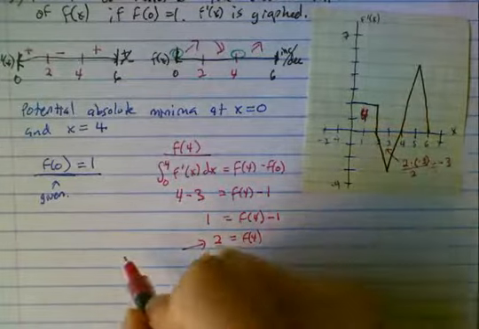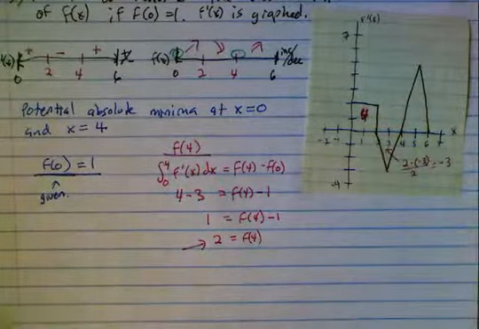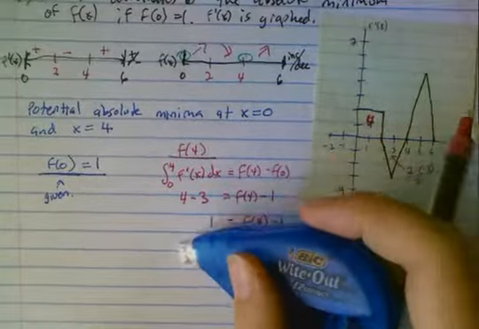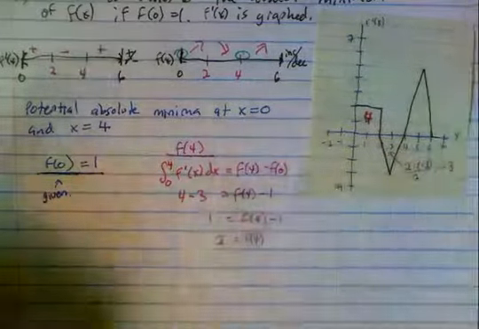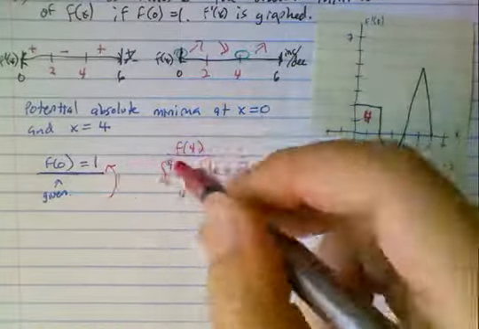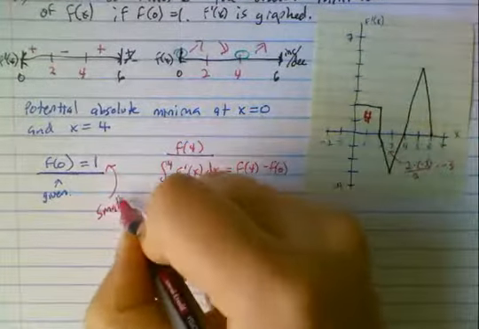So this is larger. Oh, but we're looking for the absolute minimum, so we don't want the larger one. This is smaller.